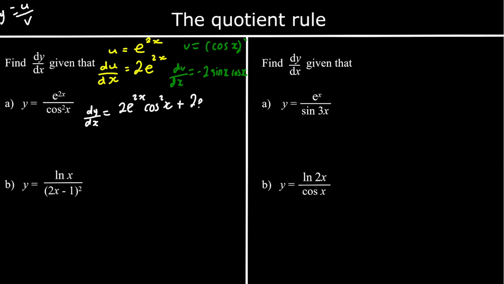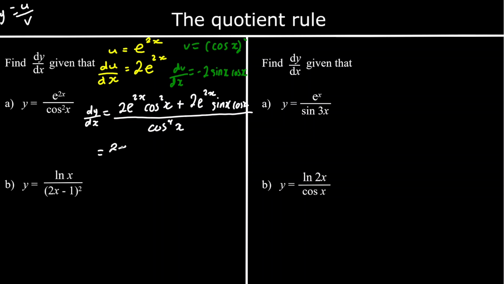2e^2x sine x cos x over v squared. So cos to the power of 4x. We could divide through by cos x this time.